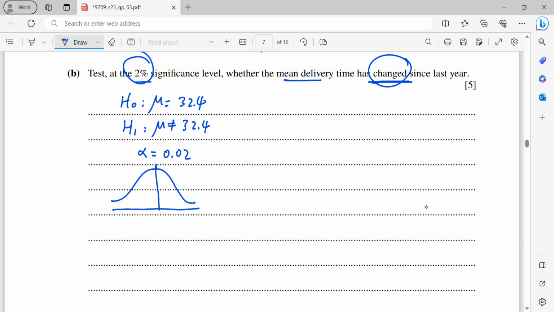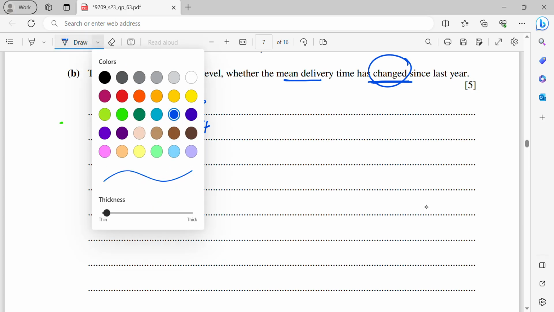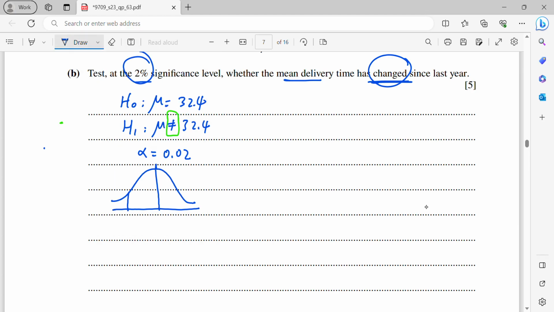Since it is not equal, it is a two-tailed test, therefore I have to shade my critical region on both sides. The total shaded region will be 0.02 because alpha is the probability to reject H naught. That means each side will be 0.01, because 0.02 is shared by 2 parts.